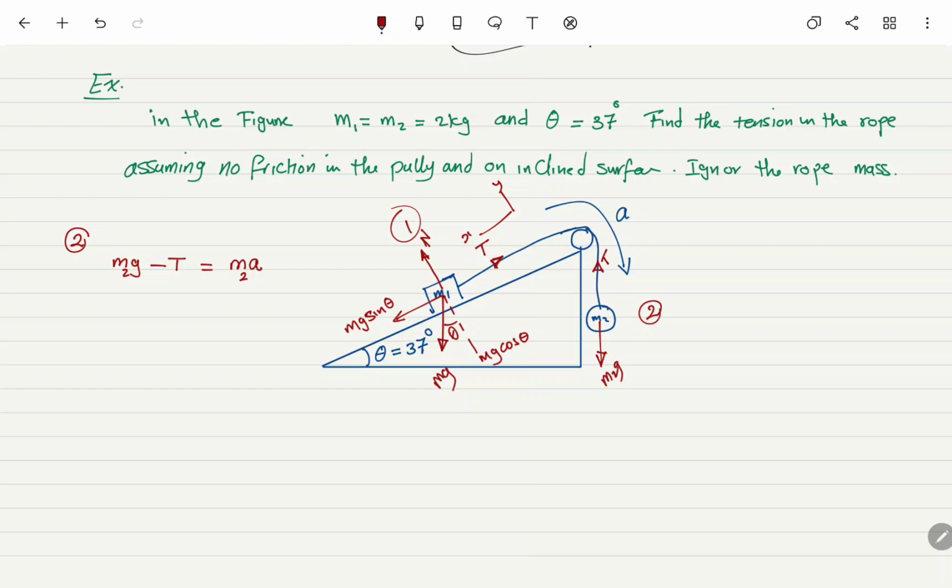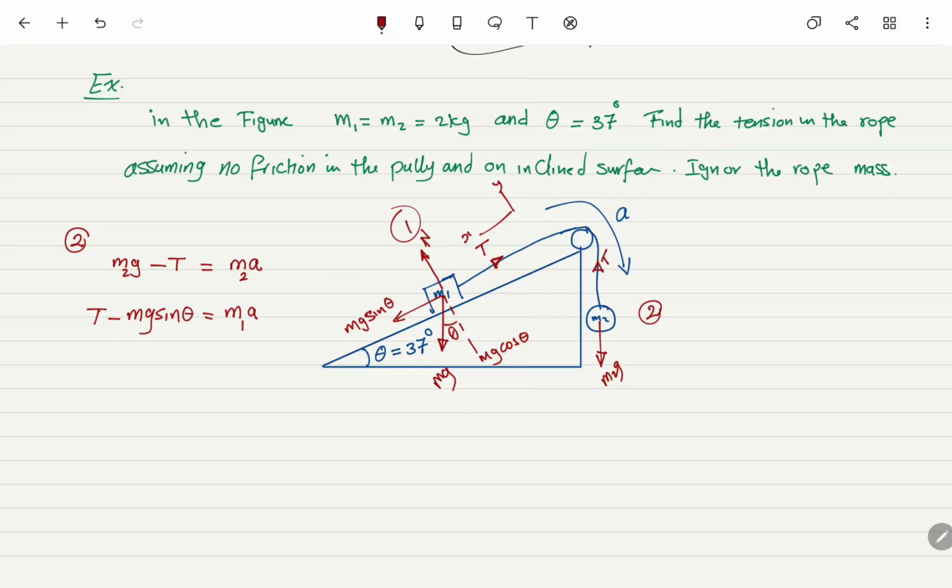Okay, sum of all forces on x is equal to ma. Now the force with the acceleration start with it, which means tension minus m1g sine theta equal to m1a. Now we have set up all the equations.